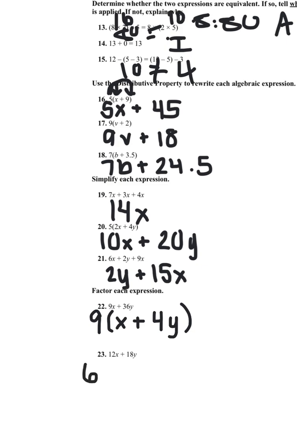So we're going to take our 6 out, and then if we remove a 6 from 12, we're left with 2x, and then if we divide 18 by 6, we are left with 3y. So our final answer is 6 multiplied by 2x plus 3y. Then if you were to use the distributive property to rewrite it, then you would end up with 12x plus 18y, just like we started with.